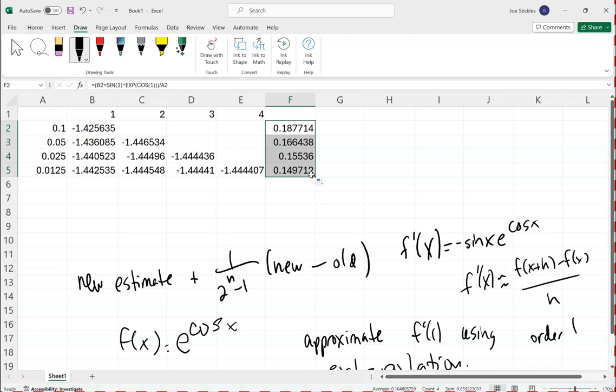Let's talk a little bit about how you can create some of these and check their error estimates. So let's do another example here.